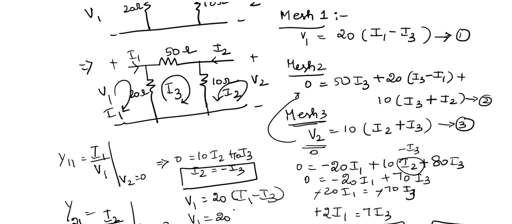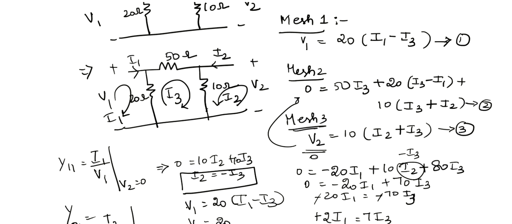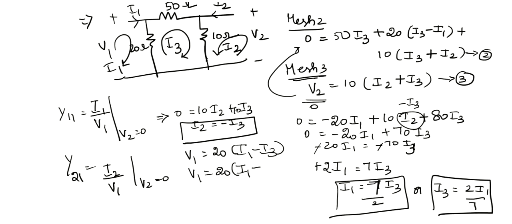So at last, in the final steps, V1 is kept as it is, and in the place of I3 you substitute the I1 equation. What equation are you getting? Equal to 2 I1 by 7.